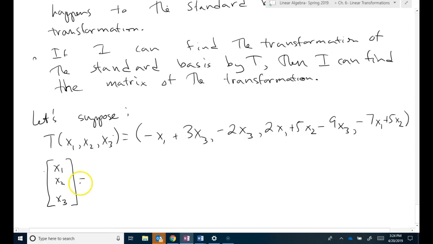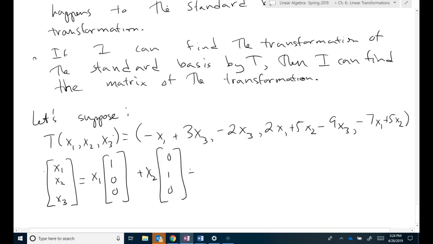And then this is going to end up equaling x1 times 1, 0, 0 plus x2 times 0, 1, 0 plus x3 times 0, 0, 1. So there's my standard basis. Those are my standard basis vectors.